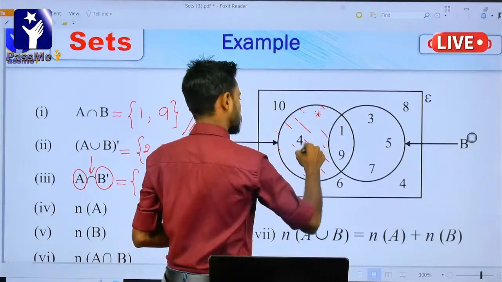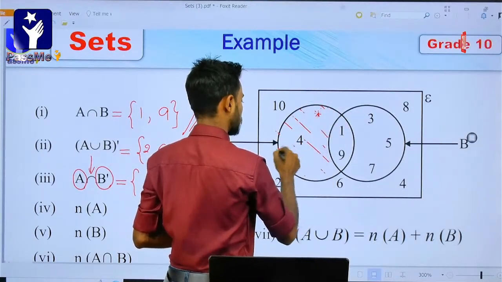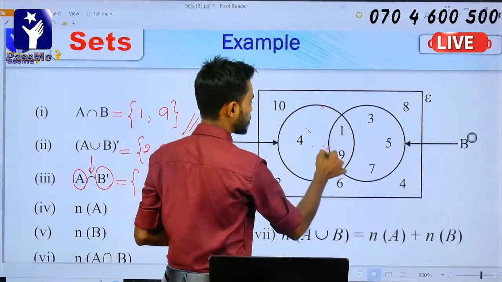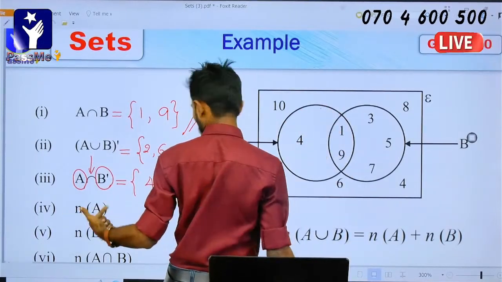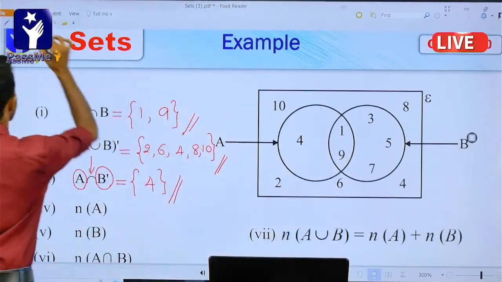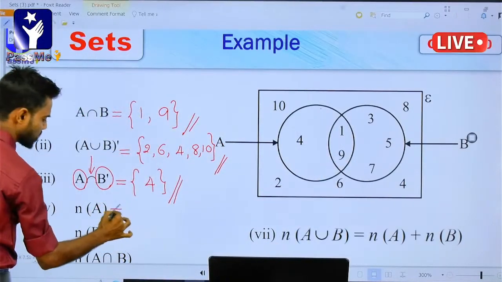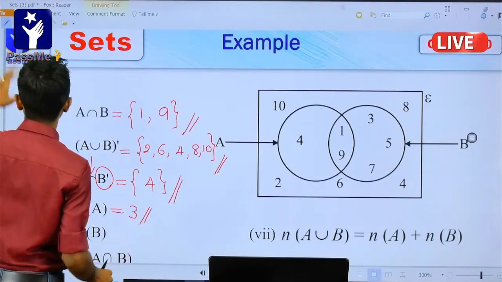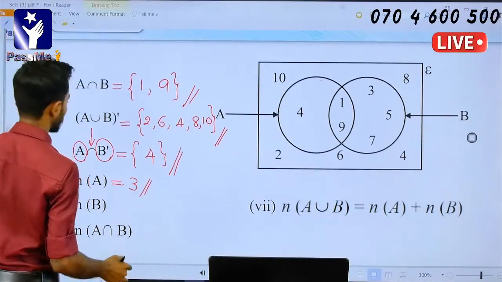Can you try question number 4 as well? This is one of the very easy questions. Number of elements of A means 1, 2, 3. Since it is the number of elements, you don't need to write the curly bracket. This is direct, so you can write a straightforward answer: 3.